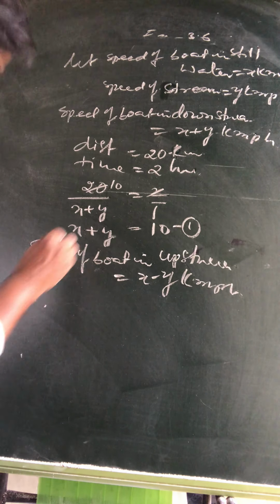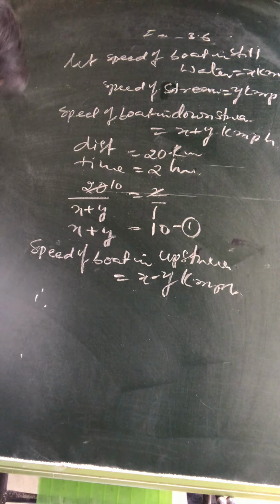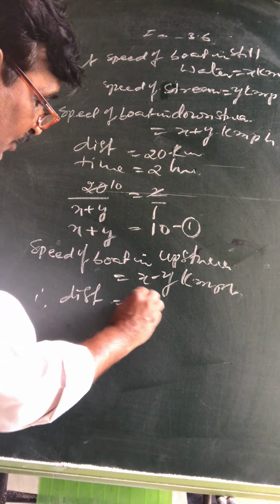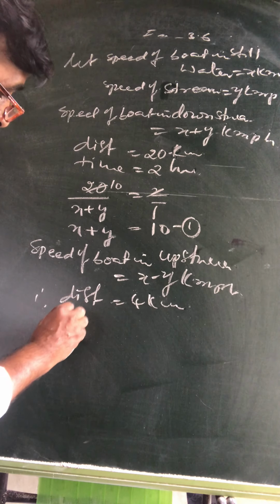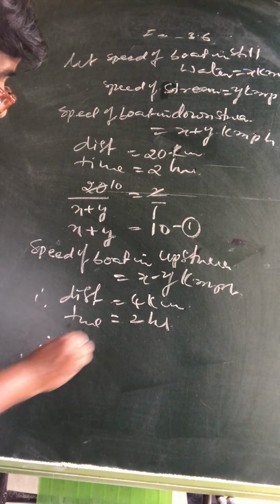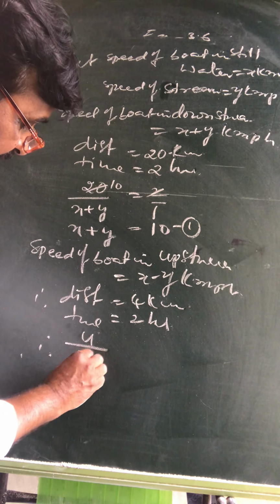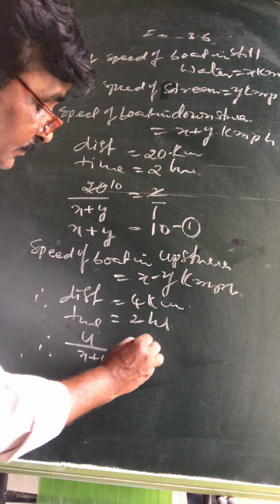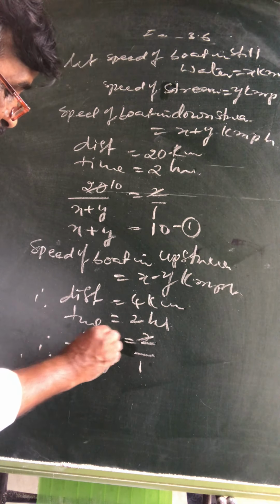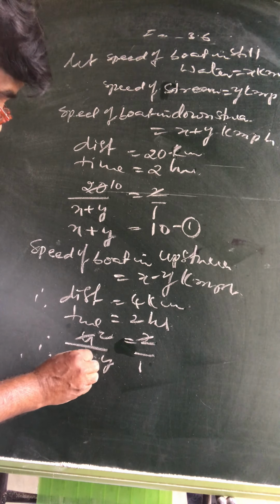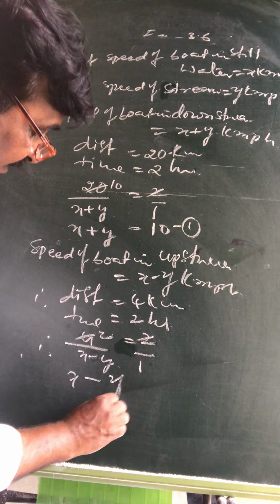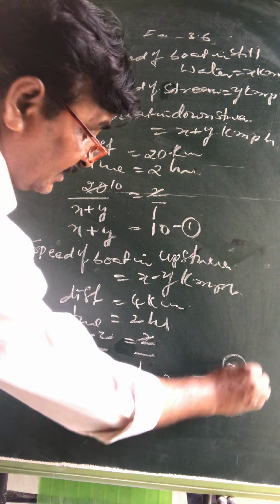What is the distance travelled in the upstream? 4 kilometers, and time taken is 2 hours. Therefore 4 by x minus y is equal to 2. Not x plus y, it is x minus y. Do the cross multiplication: x minus y is equal to 2. It is the second equation.